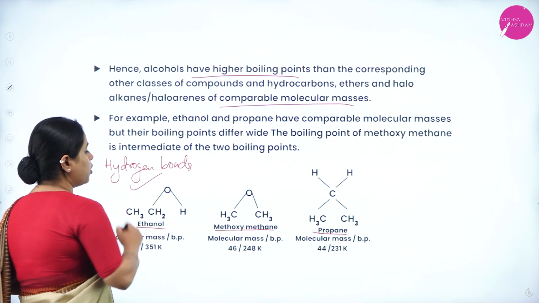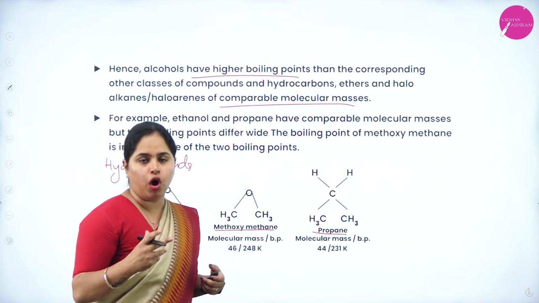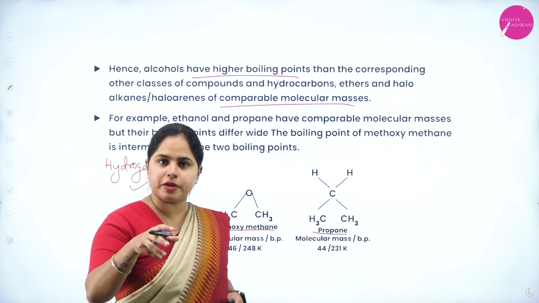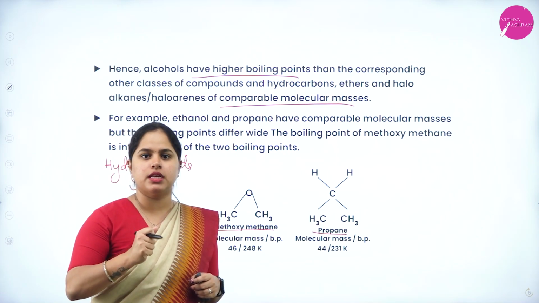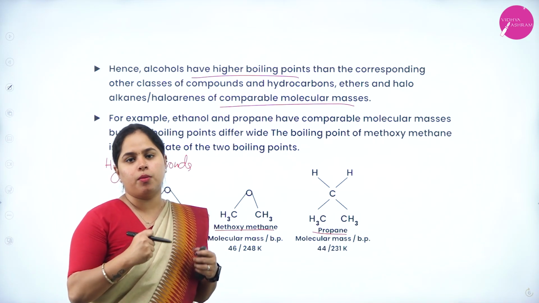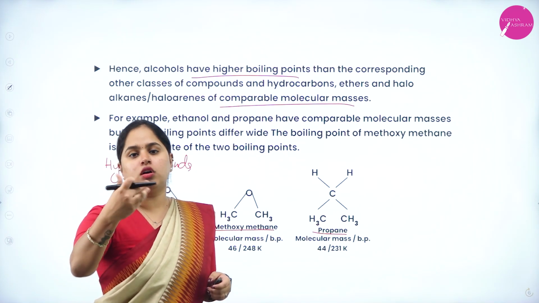Because of the hydrogen bond, an extra bond is present in addition to the existing bonds. So the bonding is stronger, and it is difficult to break the bonds so that the alcohol starts boiling.